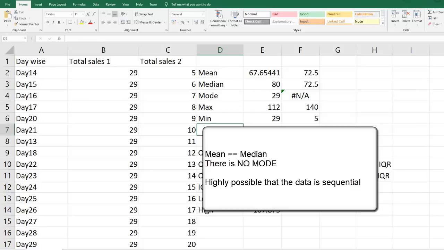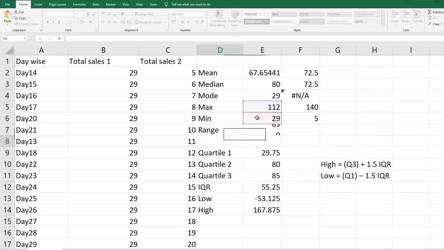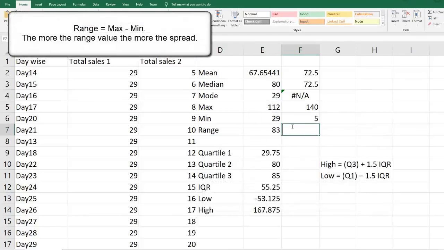Now let us calculate range. Range is nothing but the max minus the min. The range here is 83, and the range here, between max and min, is 135. The range of total sales 1 is much less than the range of total sales 2.